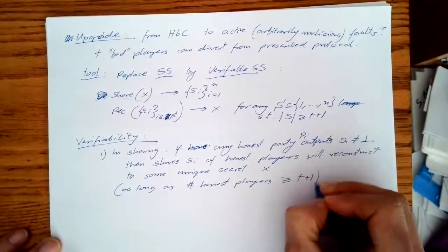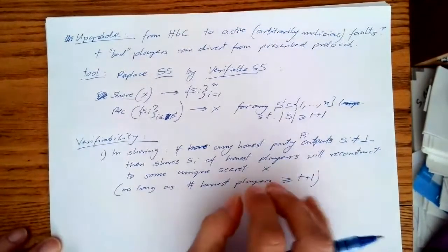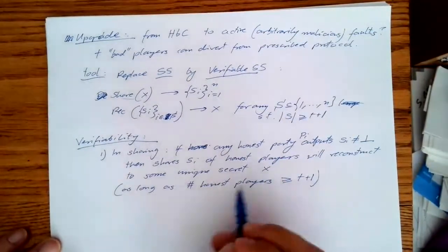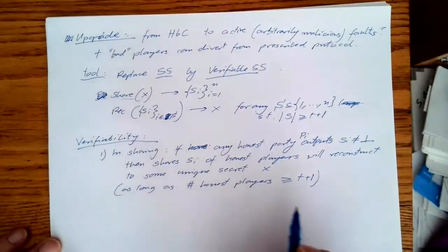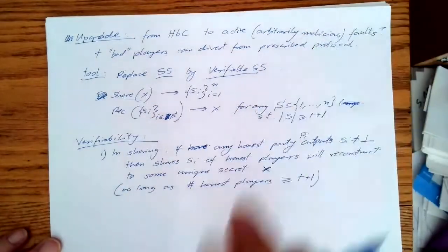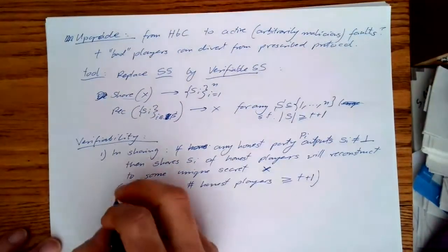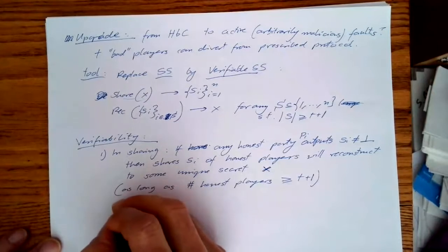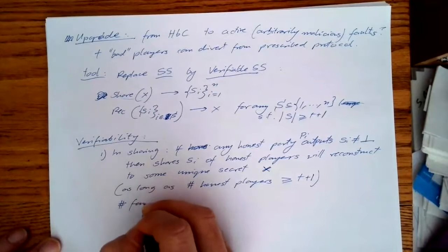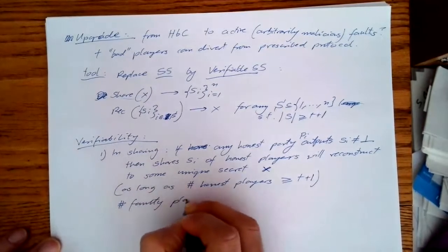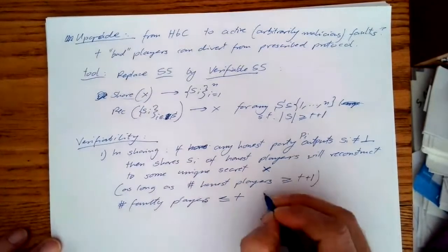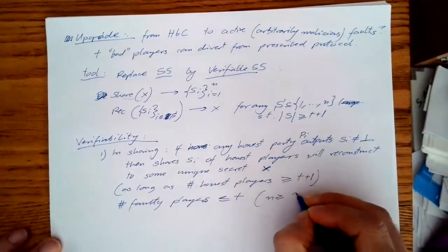Maybe for some techniques we need more honest players than T+1, but that would be the best setting. So this holds if the number of faulty players is at most T, and therefore N has to be at least 2T+1.